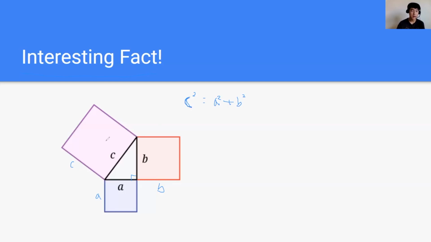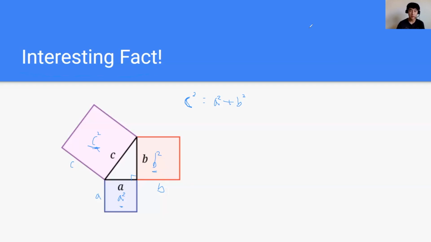So let's find out the area of each square. Let's start with the purple one. The purple one is C squared, right? Blue one is A times A, A squared. Orange, B times B, B squared. So if you see, it's just C squared, A squared, and B squared.